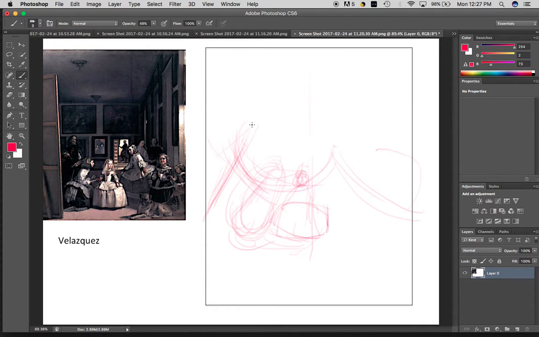So Velazquez takes us on a journey, probably starting in the middle, and we curve up through to him, or we can curve up this way and downward over. As the next attendant is through here, she will be flowing through here. I think it's very important to understand that you want to keep these very loose, very quick, and very much a record of your analysis. Of course, we have the little dog down in through this area of the composition.